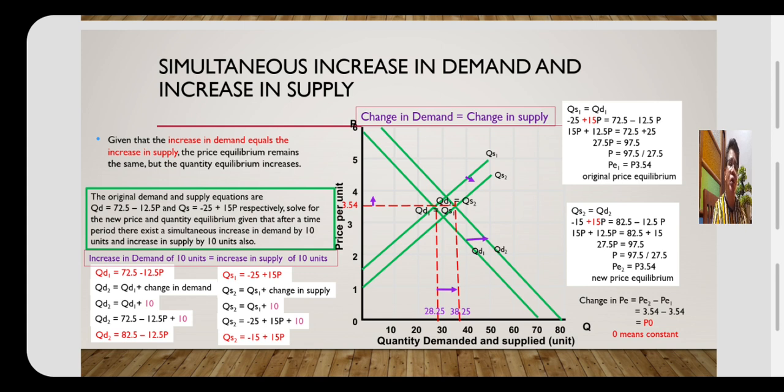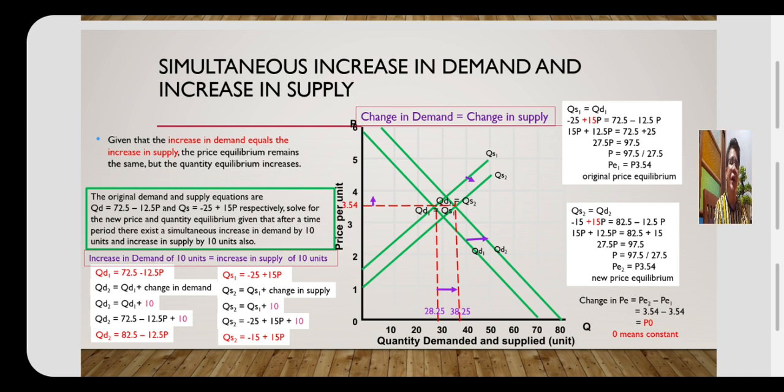The new supply equation is negative 15 plus 15p. The new demand equation is 82.5 minus 12.5p. Equating these two, we have negative 15 plus 15p equals 82.5 minus 12.5p. Solving for p, we have the value of 3.54. So the new price equilibrium is 3.54.